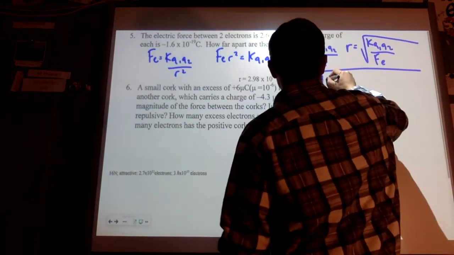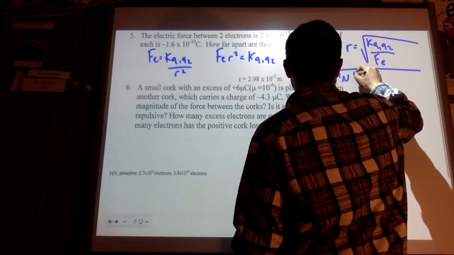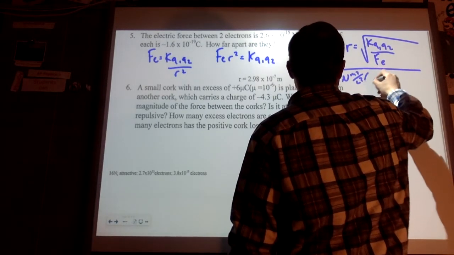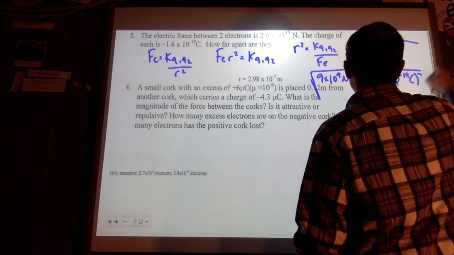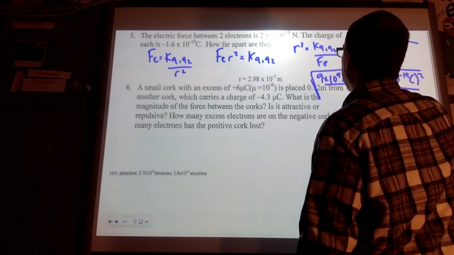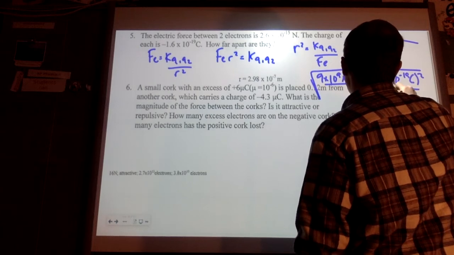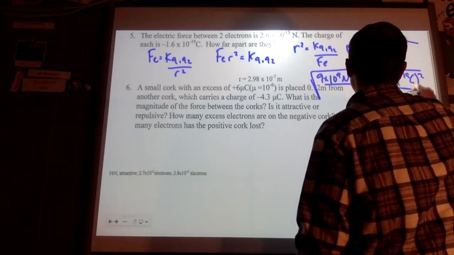So I'm going to have 9 times 10 to the 9th, 1.6 times 10 to the negative 19, and the 2.6 times 10 to the negative 15.